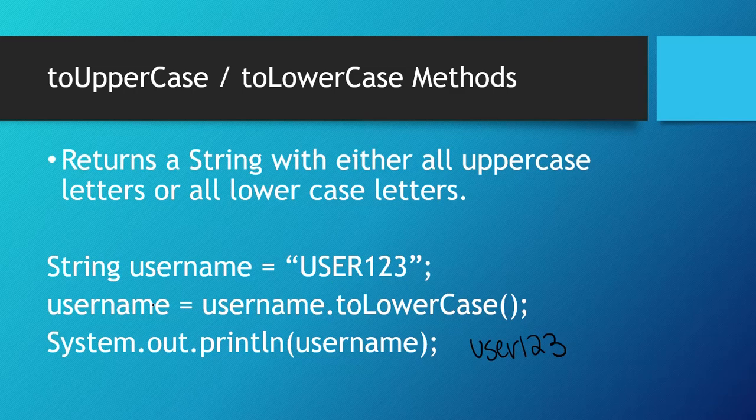Again, notice I did assign it back to username after I did it. If this left-hand side was not here, I would change username to lowercase, but then I wouldn't store it back. Keep in mind, whenever you're changing something, make sure that you store it somewhere if you need that data.